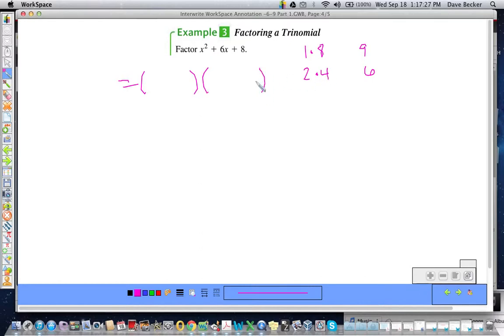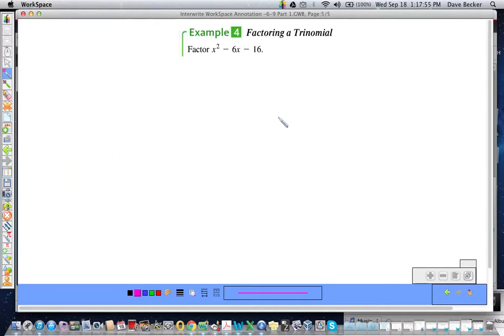That's a positive 2 and a positive 4, so plus 2 plus 4. And then what times what gives me x squared? Well, that's easy. That's x times x. Done. Now notice when I'm finding the factors of this number, I start with 1 and work my way up. That way I don't miss any. Okay. All right, last example.